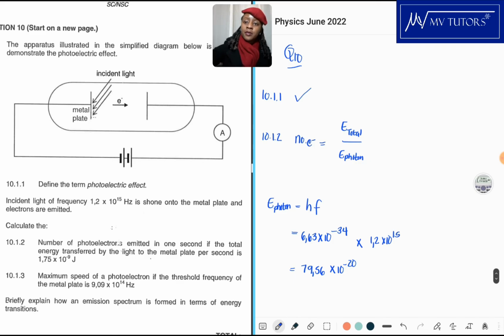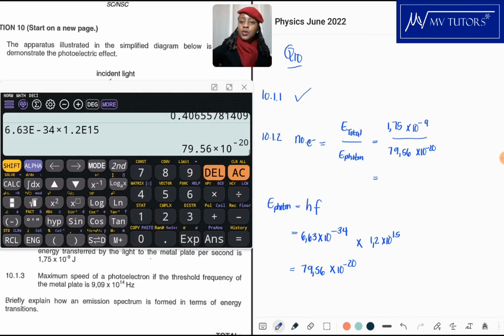Now we need to get the number of electrons. So let's go back to our original equation. We have the total energy, which is 1,75 times 10 to the negative 9, and the energy of a single photon, which is 79,56 times 10 to the negative 20. Our answer will be equal to 1,75 times 10 to the negative 9 divided by the answer we got previously.